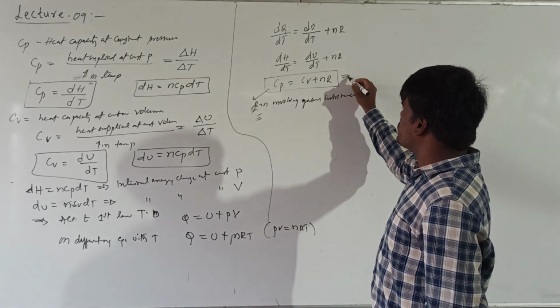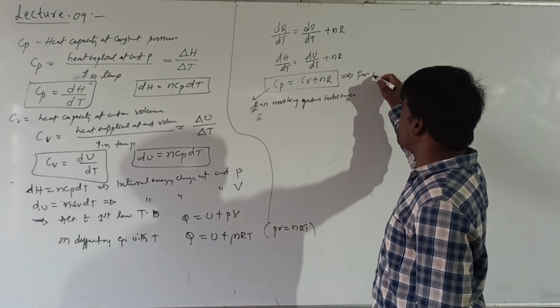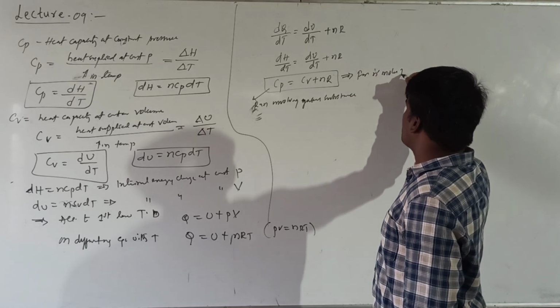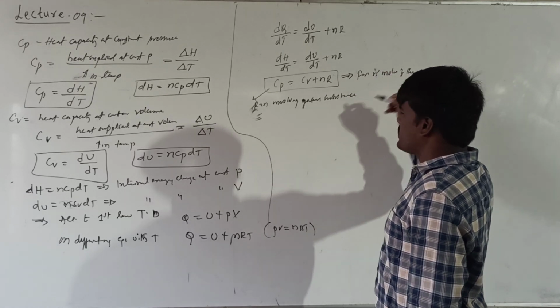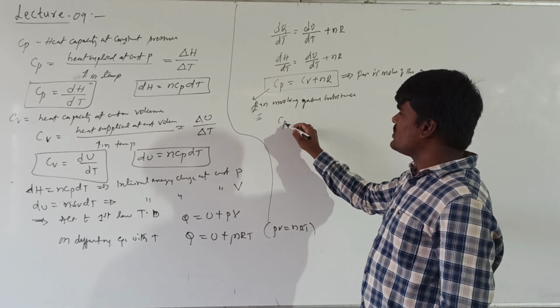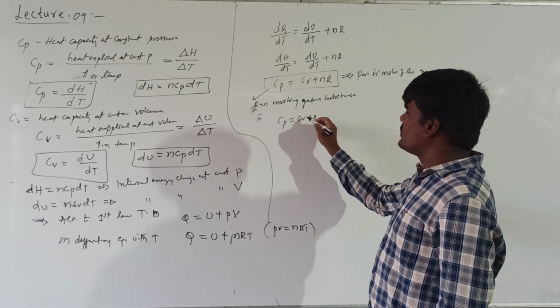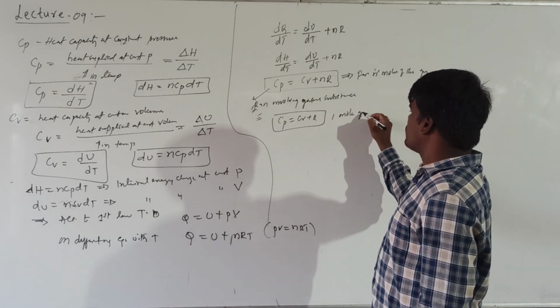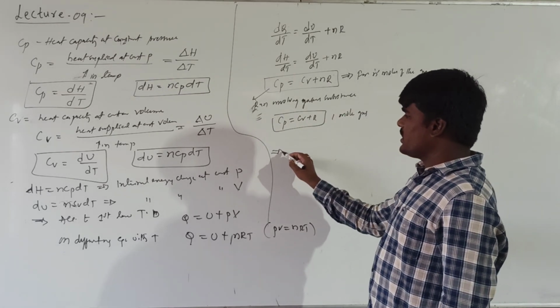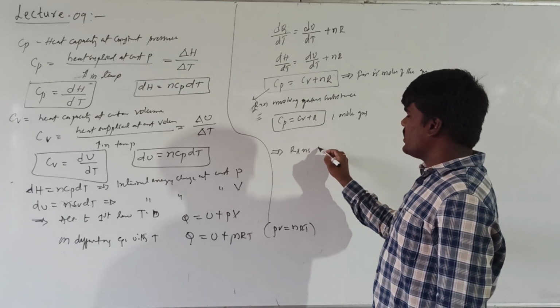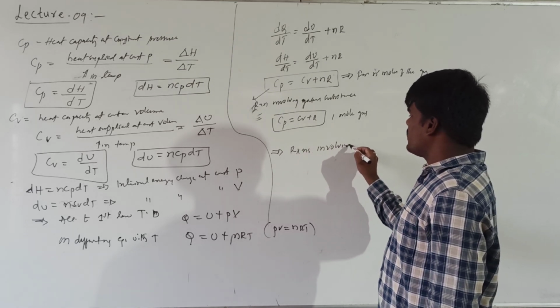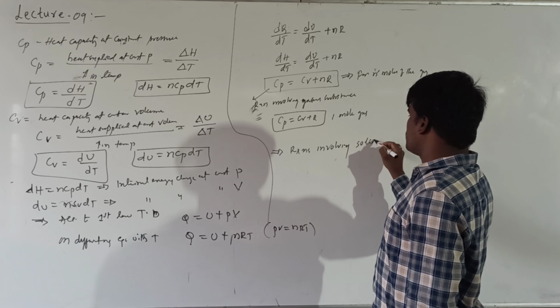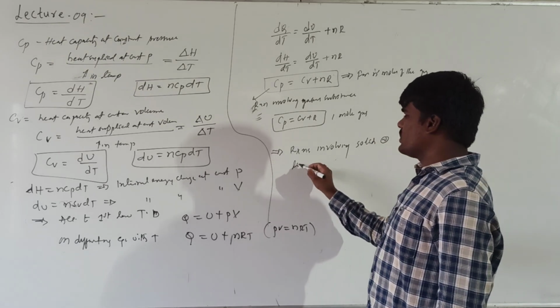This is for n moles of the gas. If you are talking about 1 mole, Cp will be equal to Cv plus R. This is for 1 mole of gas. For the reactions involving solids or liquids only.